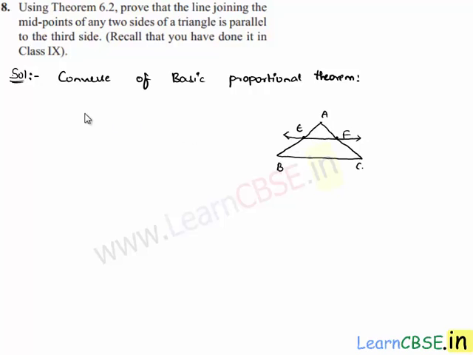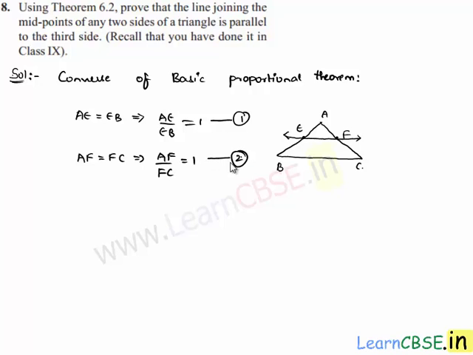As E is the midpoint of AB, we can say that AE is equal to EB, which implies AE by EB is equal to 1. Let it be equation number 1. And also F is the midpoint of AC, so we can say that AF is equal to FC, which implies AF by FC is equal to 1, which is equation 2.